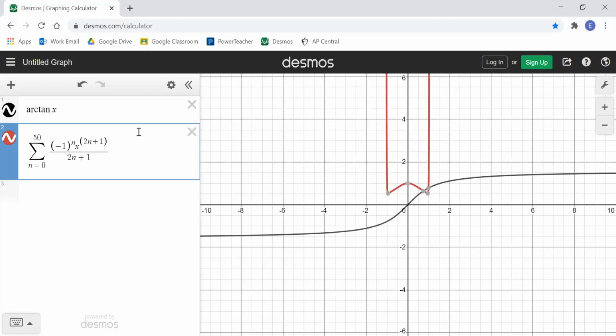And we'll give it a second there to figure out what it's doing. There it goes. And so we can see it sure looked like it converged there for at least negative 1 to 1, right? Everybody good there?